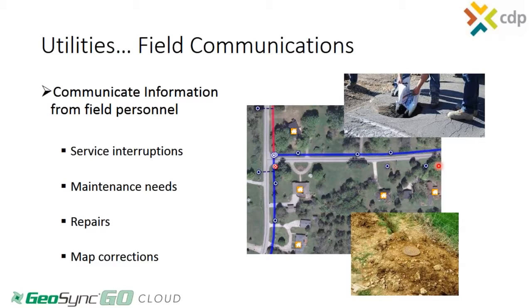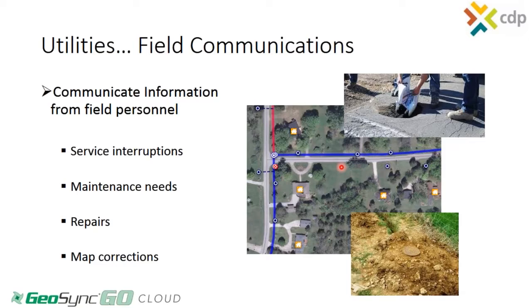Or if there are repairs that need to be done, or in some cases map corrections. It may be that we have the water line drawn on the wrong side of the road, and a field person will be out there. They dug up the water line and see that we've got it in the wrong place. So they need a way to report this type of information back to the system administrator or the manager.